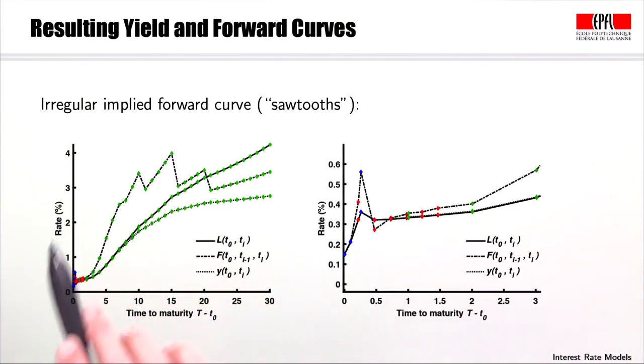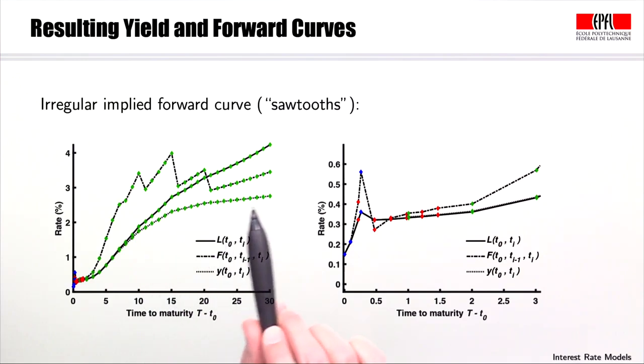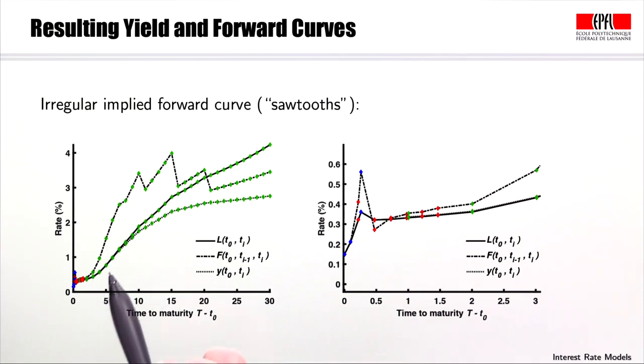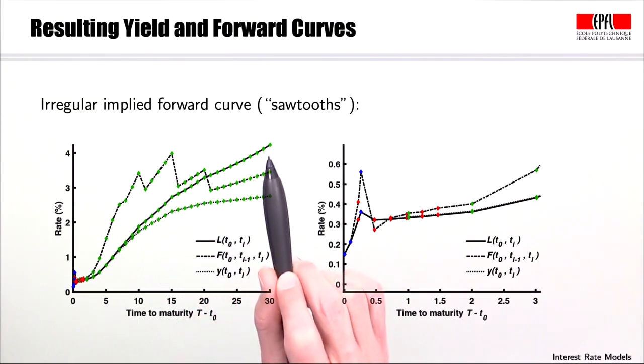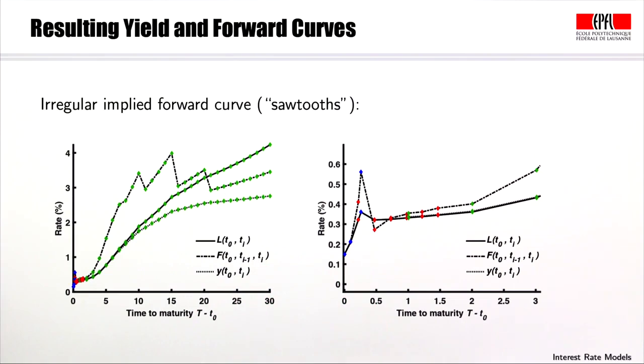The figure on the left-hand side shows 3 curves. The first curve is the yield curve that corresponds to the discount curve. The second curve is the curve of simple spot rates. They both look decently smooth.